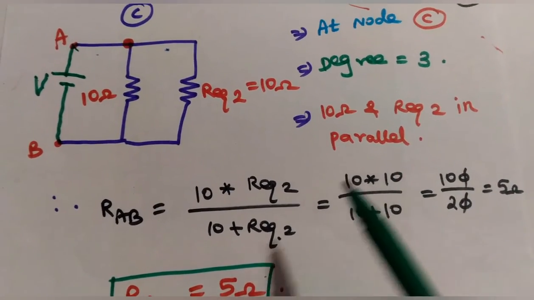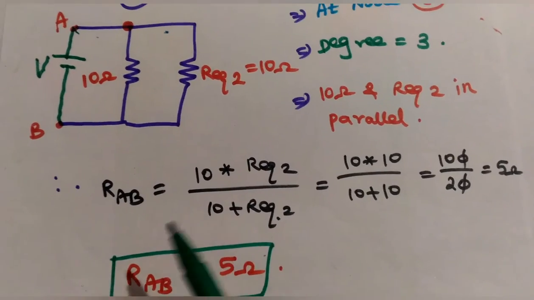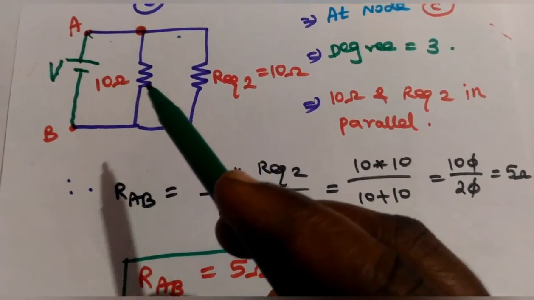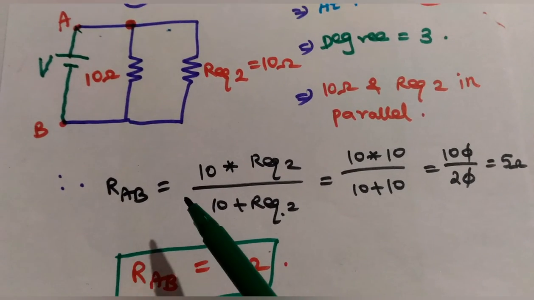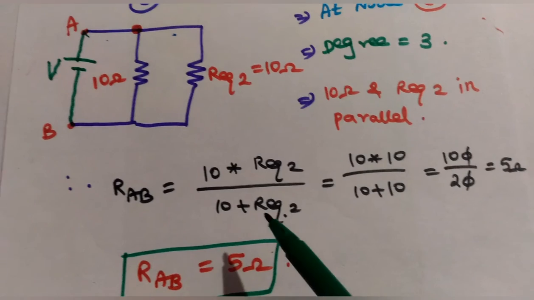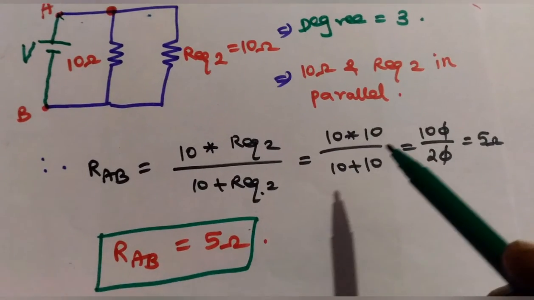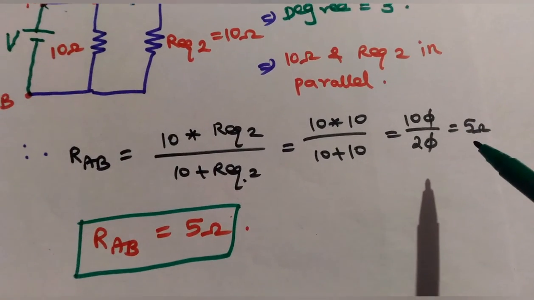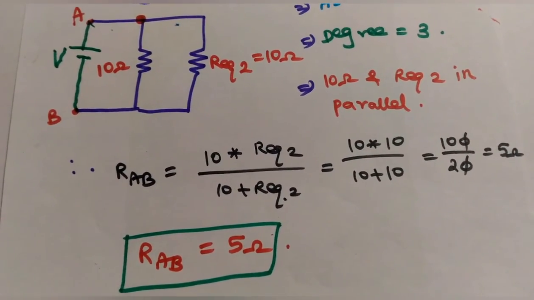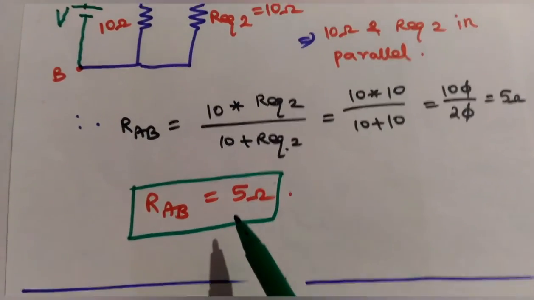If it is parallel, just apply the parallel combination formula. Rab, that is, across the terminals A and B we want to find the equivalent resistance. So the final step will be Rab is equal to 10 into this R equivalent 2 resistance divided by 10 plus R equivalent 2. So 10 into 10 divided by this value, and finally we get the value as 5 ohm. So the equivalent resistance across the open circuit terminals is nothing but 5 ohm.